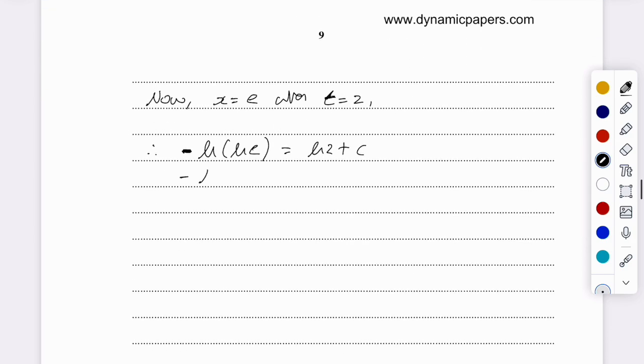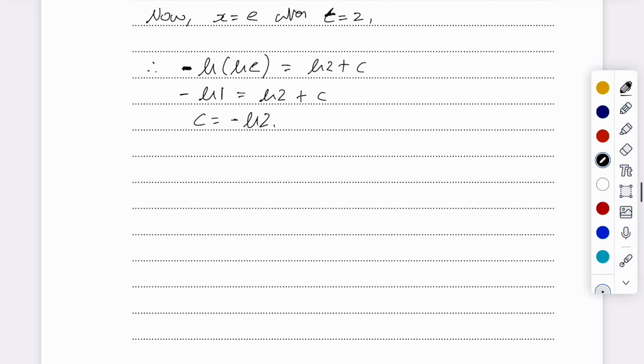So you go negative ln 1 is equal to ln 2 plus c, which means that c is going to give us negative ln 2. So putting this all together now, guys, what we get is therefore ln of ln x is equal to negative ln t plus ln 2.